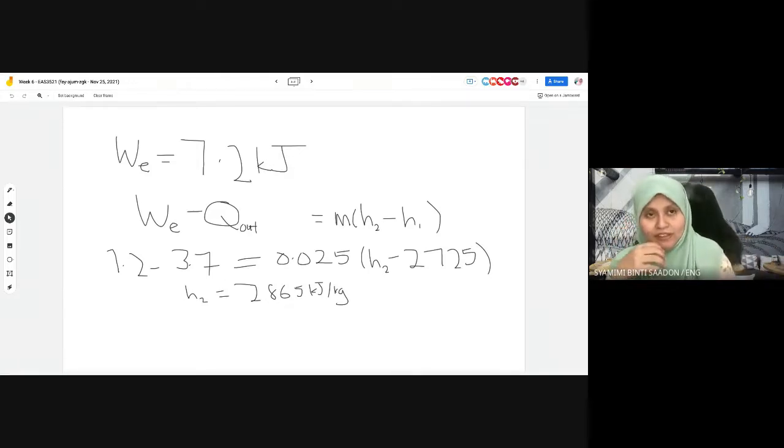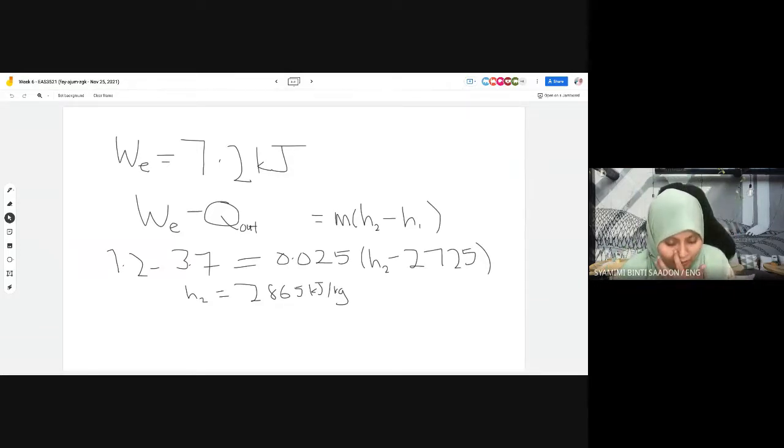When we give the resistance heater, it means that we heat the water. Initially it's already at the saturated vapor point, and if we heat it more, it will be superheated vapor. It will no longer return to liquid. So at the final state, it will be a superheated vapor.